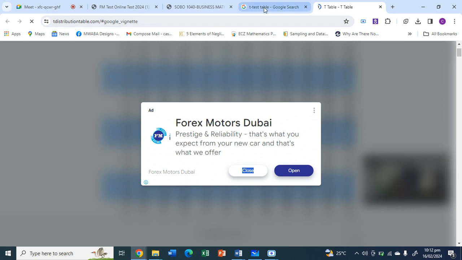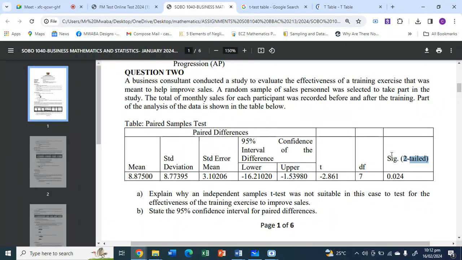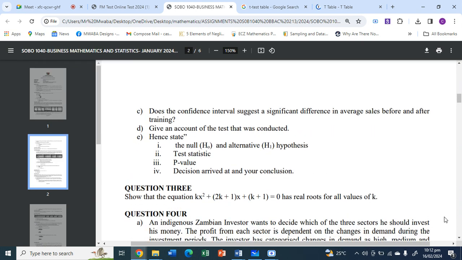Okay, as we wait for it to load. No, it's taking long to load.